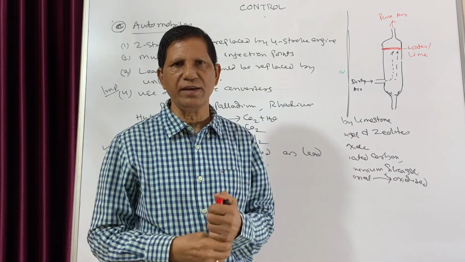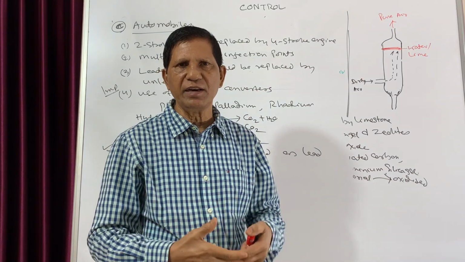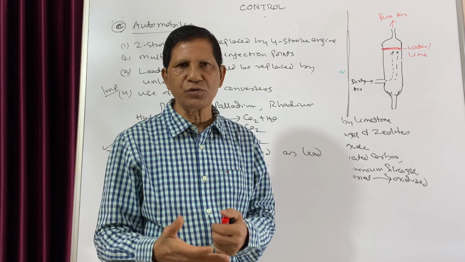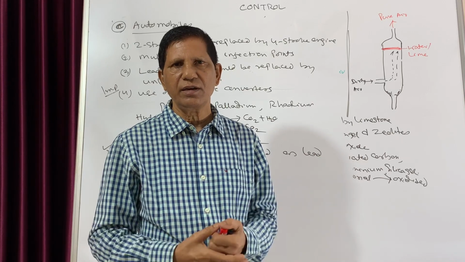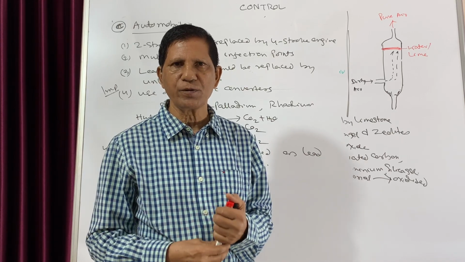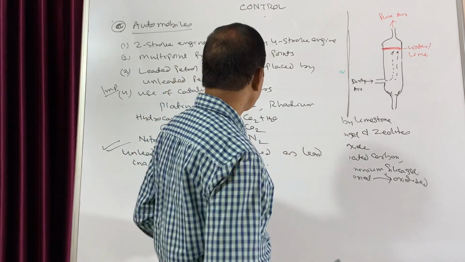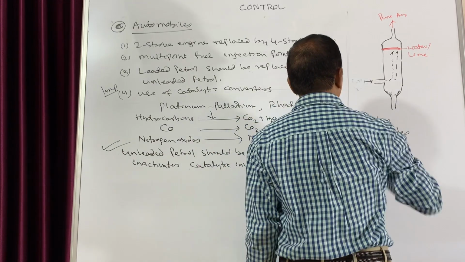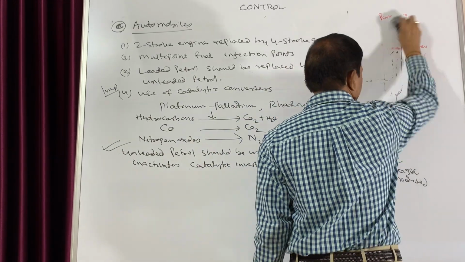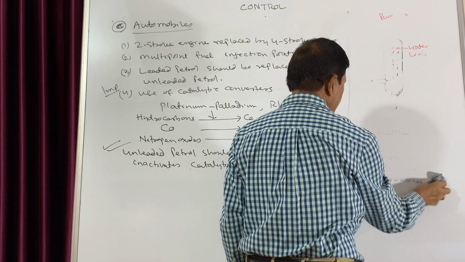So many vehicles are there. The different exhaust gases produced from all these vehicles cause this irritation and respiratory problems. So ultimately an appeal was filed in the Supreme Court, that is, a public interest litigation.